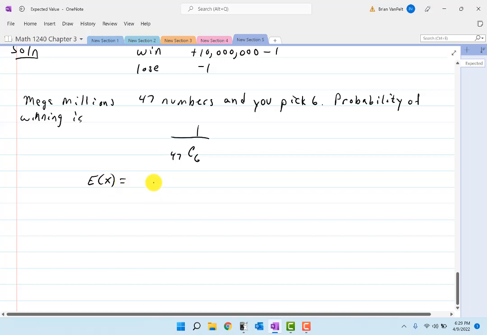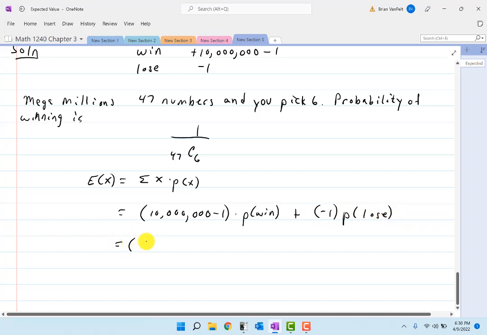Now, if you win, you do win $10 million. Well, let me first write down the formula, even though it won't look like the formula. I'm going to make it look like the formula in just a second. One outcome is that you win. That means you get $10 million minus $1 times the probability of winning, plus -1 times the probability of losing.